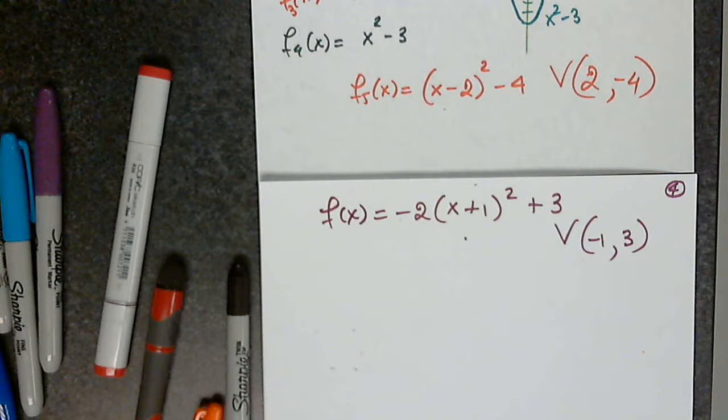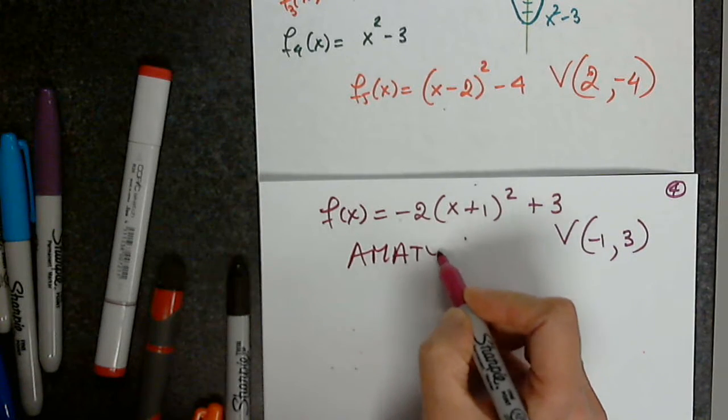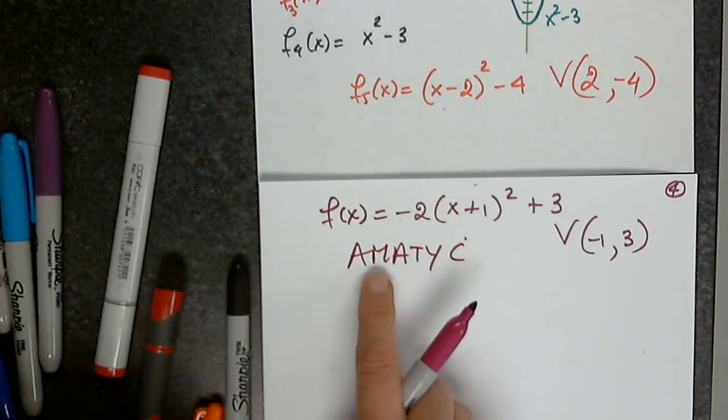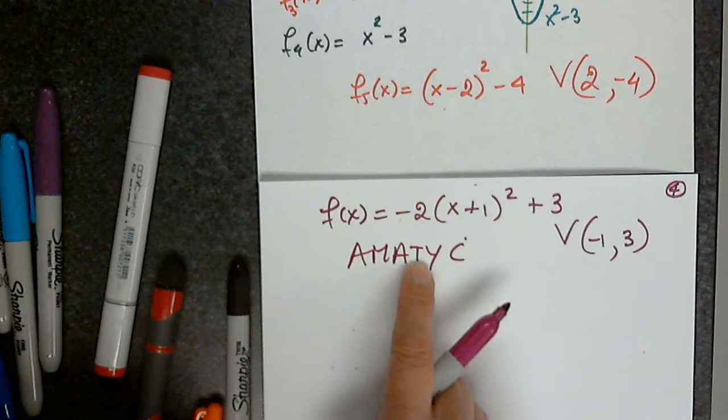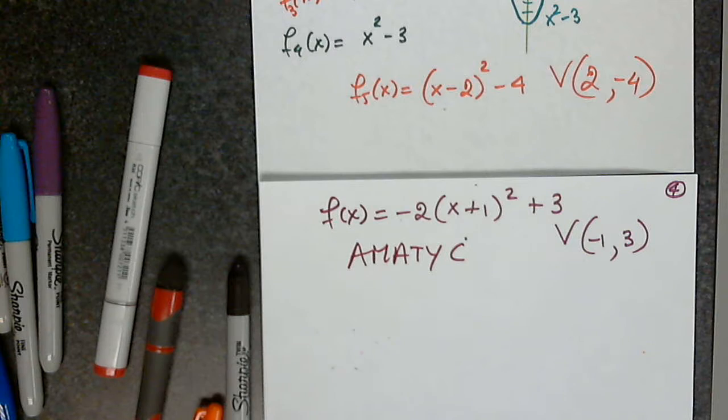Every October, November, there is a conference. It's called AMATYC, the American Mathematical Association of Two-Year Colleges. And this is the 43rd annual conference. And I've been to the last 8.